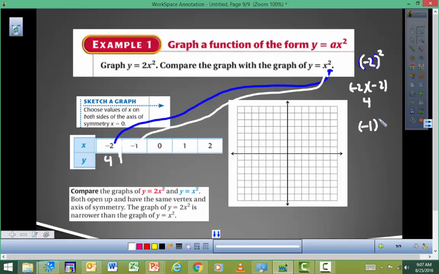Some of you could do this in your head. -1 times -1 is +1, so there's a 1 here. Then we put 0 in. 0 squared is just 0, so we put 0 here. We put 1 squared, we get 1. And then we get 2 squared and we get 4.